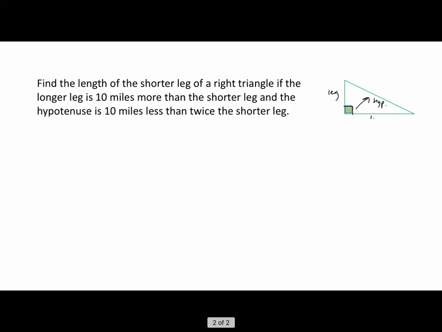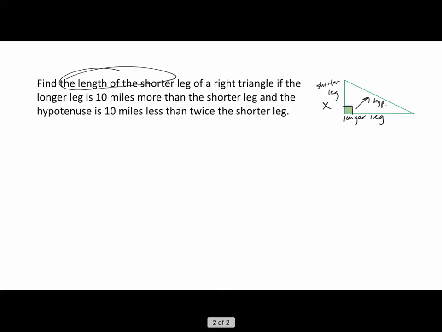So leg, leg. Talks about a shorter leg and a longer leg, so I guess I can call this a shorter leg and this is a longer leg. Just visually looks that way. And we want to find the length of the shorter leg. So this is what we're trying to find here. Let me use a variable to represent it.